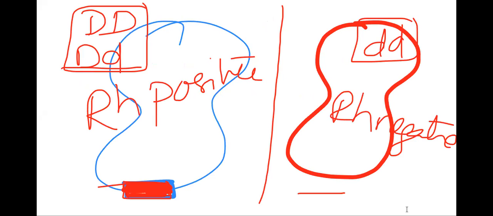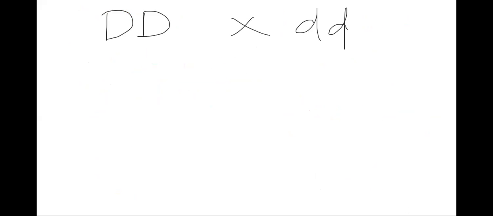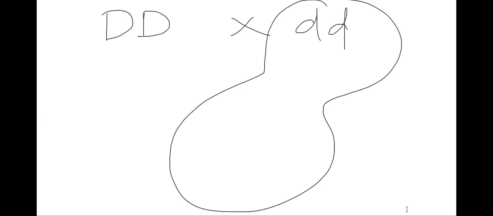Now let us talk about what to do. What's the problem here? Let me show you the clear diagram, so that we can see how we solve this problem and how the second child is also saved. The baby is an Rh factor containing baby.